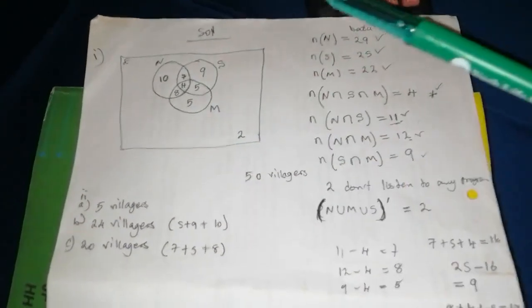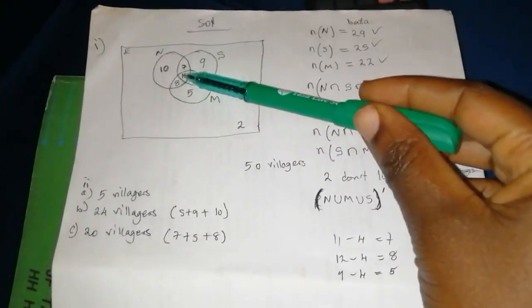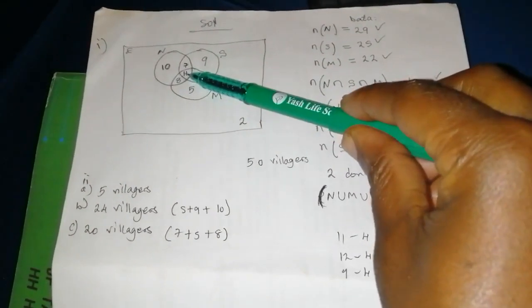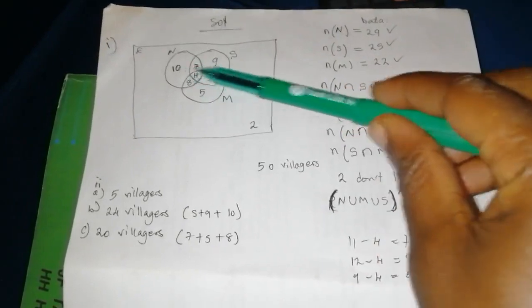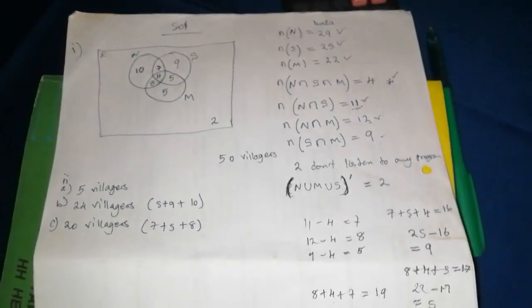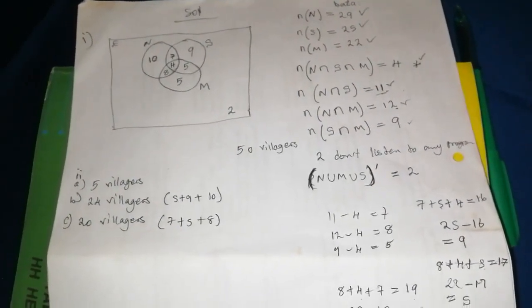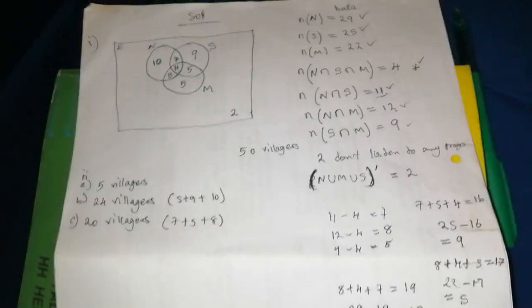Like I said, when you're illustrating here, start with the intersection sets. So you start with the middle part, then you go to other intersection sets, then to the sets you are dealing with. See you next time when we look at 2017.